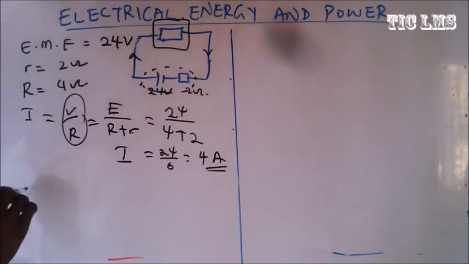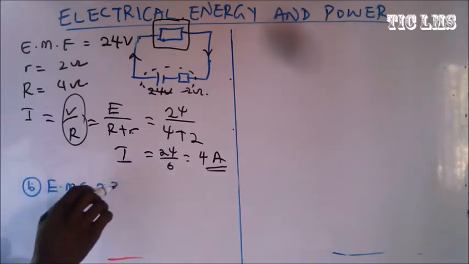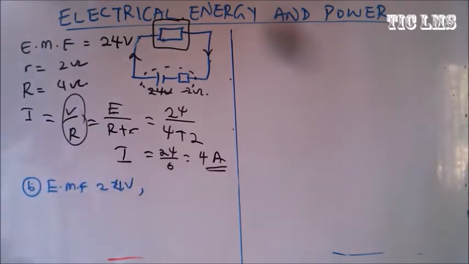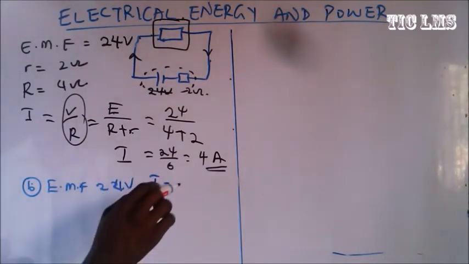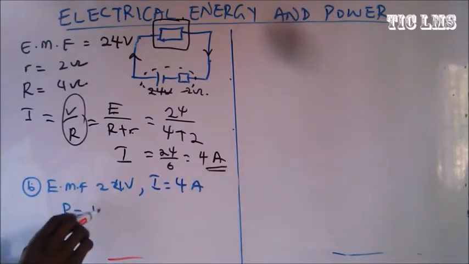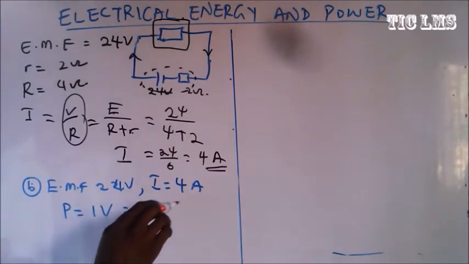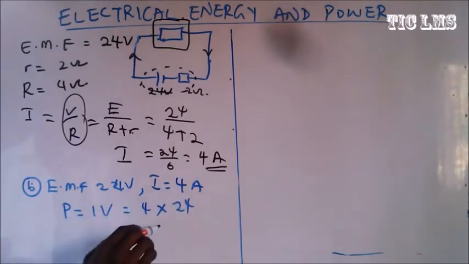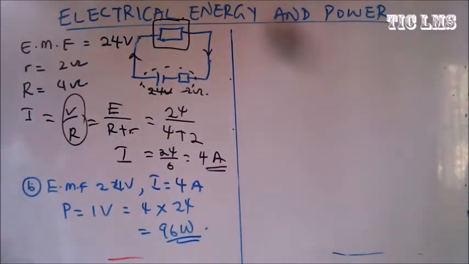So in that case, we have an EMF of 24 volts, and we have a current of 4 amperes. Hence, we could have it that our power equals IV. So I is 4 multiplied by 24, and that gives us 96 watts. So this is the power input to the circuit.